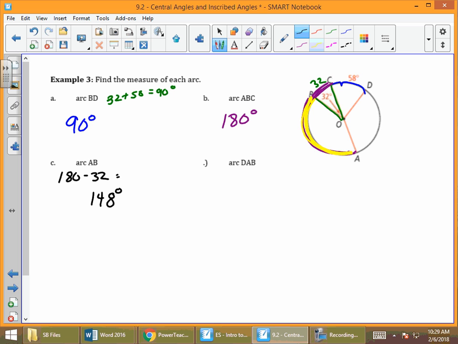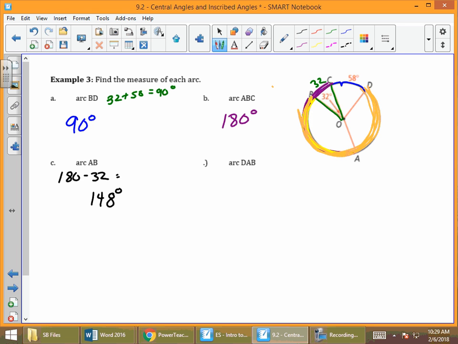And then lastly, we want to find arc DAB, that orange arc right here. How can we find the measurement of that orange arc? What is the measurement?